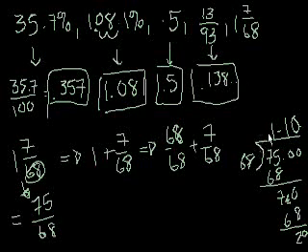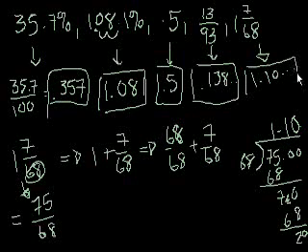But I think we've already, once again, gotten to enough accuracy that we can compare. So 1 and 7/68, we've now figured out, is equal to 1.10. And if we kept dividing, we'll keep getting more decimals of accuracy. But I think we're now ready to compare. So all of these numbers, I just rewrote them as decimals.